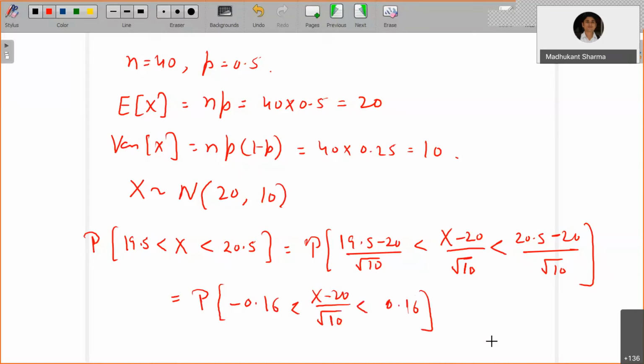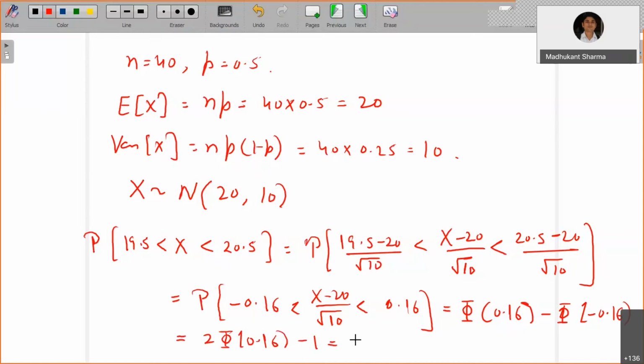And what are these values? This is going to be Phi of 0.16 minus Phi of minus 0.16. Now you use the symmetric property: Phi of minus 0.16 is 1 minus Phi of 0.16. So you will have 2 times Phi of 0.16 minus 1.